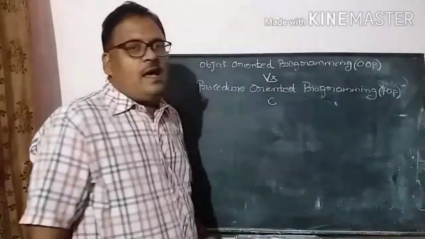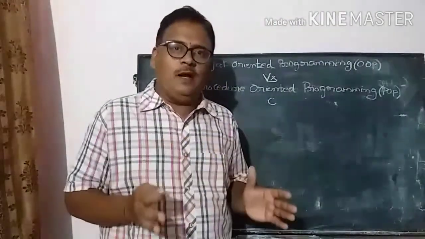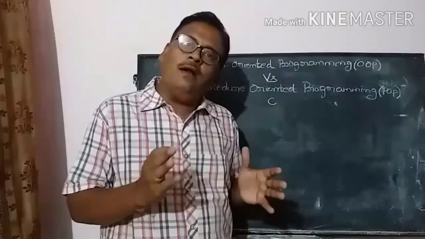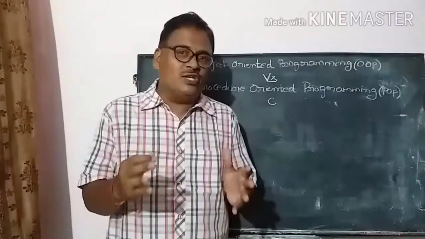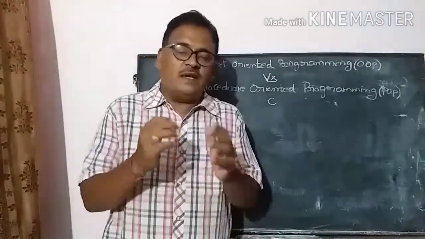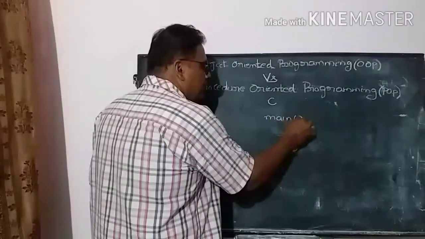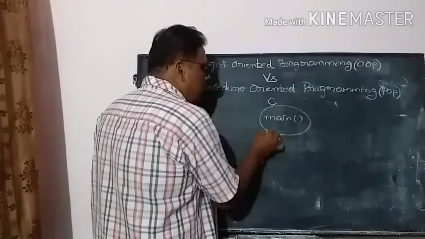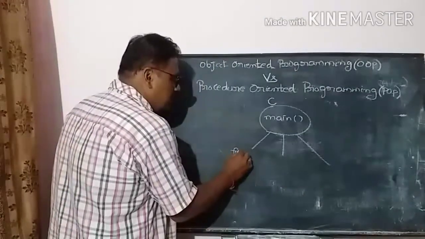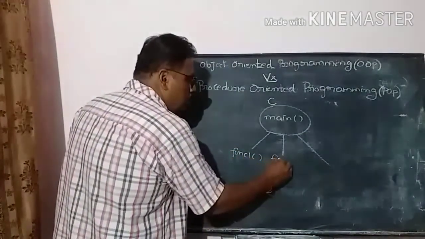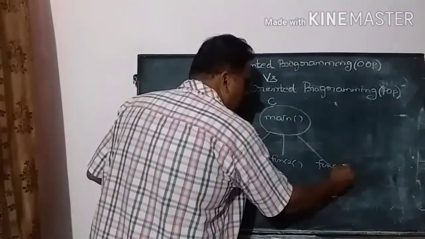Procedure oriented programming language means the entire program is divided into a number of subprograms, which are called procedures or functions. In C, we discussed and practiced the functions concept. In that concept, we have the main method and a few more sub-functions, that is function 1, function 2, function 3.